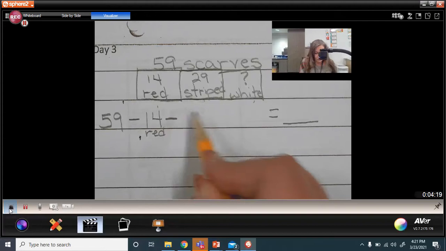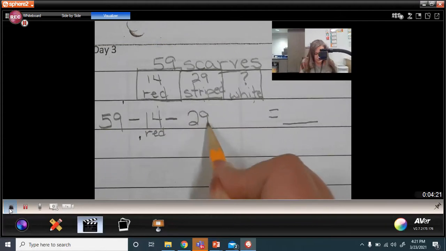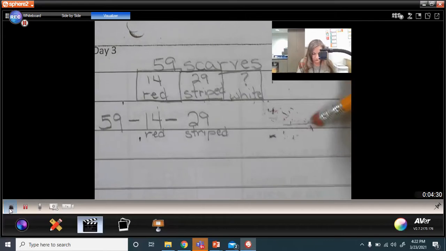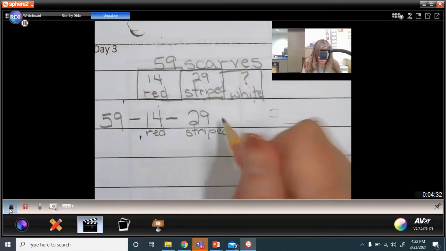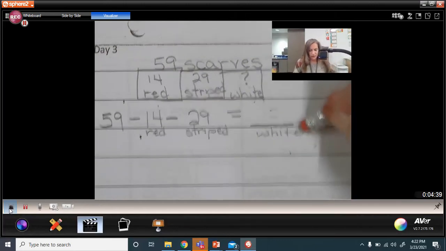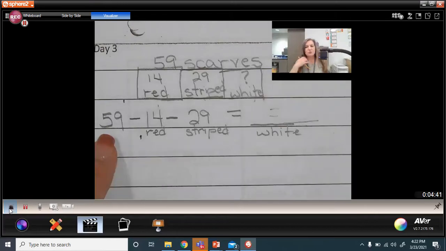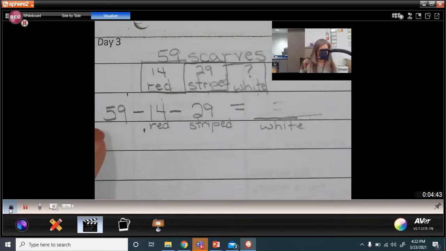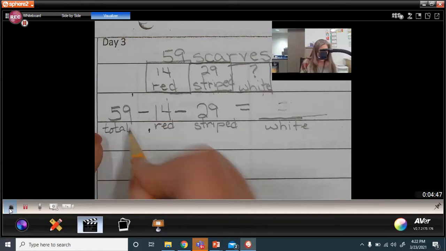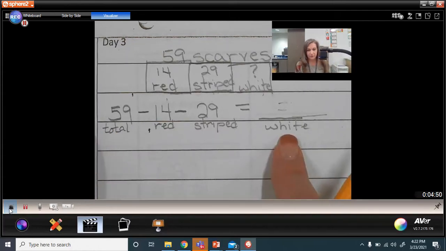And if I take away the striped ones, that should leave me with the ones that are white. Now, remember, when you're subtracting, you're starting with the total and subtracting the parts to find the missing part.